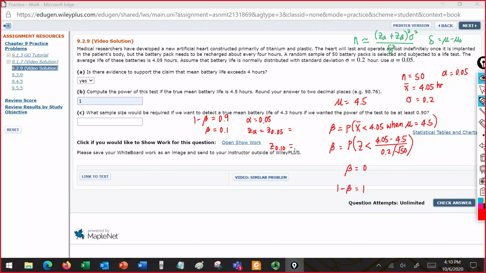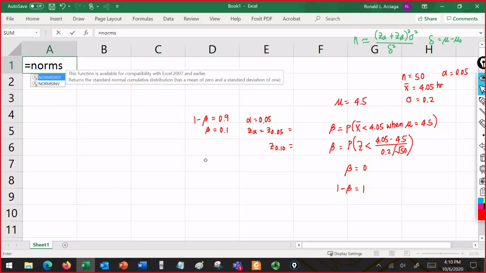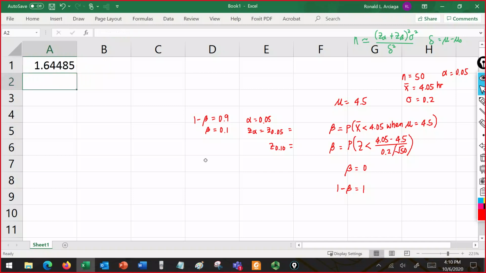If you have a class quiz, there is a table for finding those. So even without Excel, NORM.S.INV. 0.05 is common. Let's just proceed with 1.64 to two decimal places. Then the other one, 90%, 1.28.